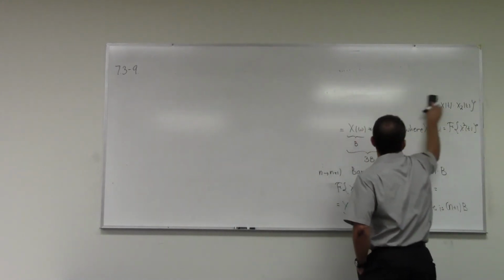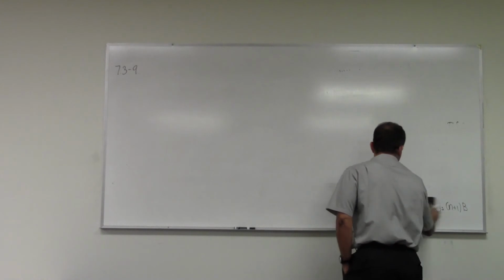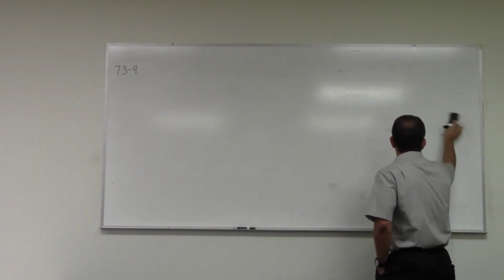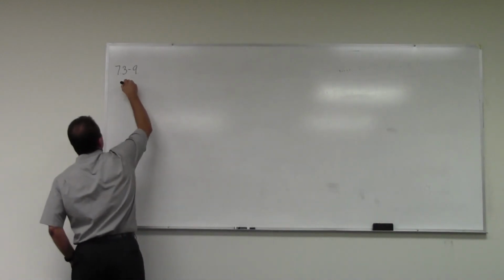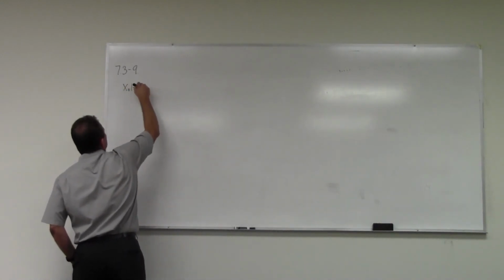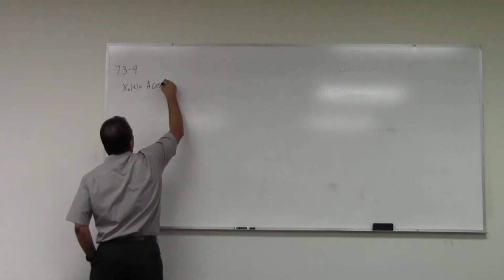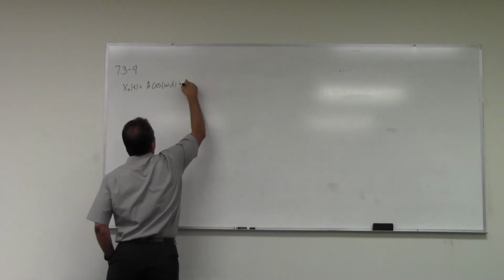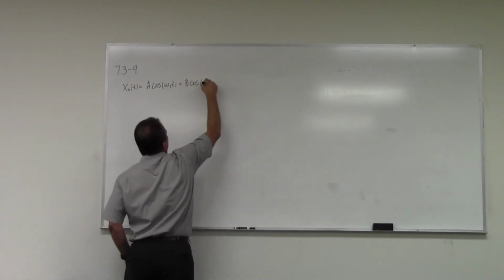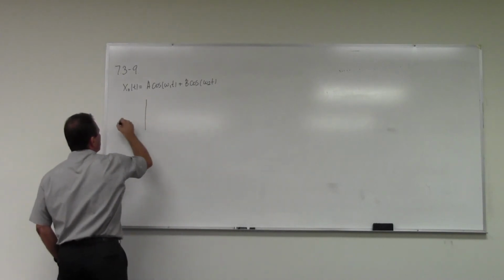To do that, what I'm going to look at is a special signal. Let me call this x0 of t, that consists of two frequency components. Let's say a cosine omega 1t plus b cosine omega 2t. So how does this signal look?